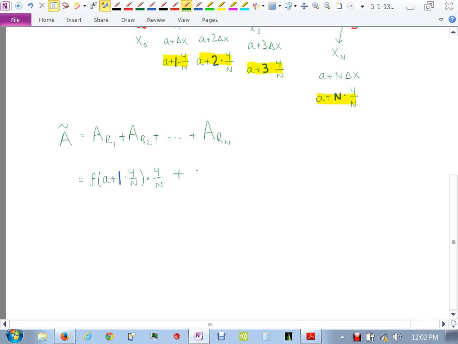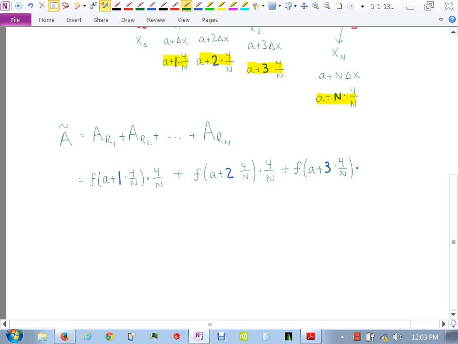What's the second rectangle? F of a plus 2 times 4 over n times 4 over n again. And I keep doing that, don't I? Maybe I'll do one more. The next one would be f of a plus, what? 3 times 4 over n.